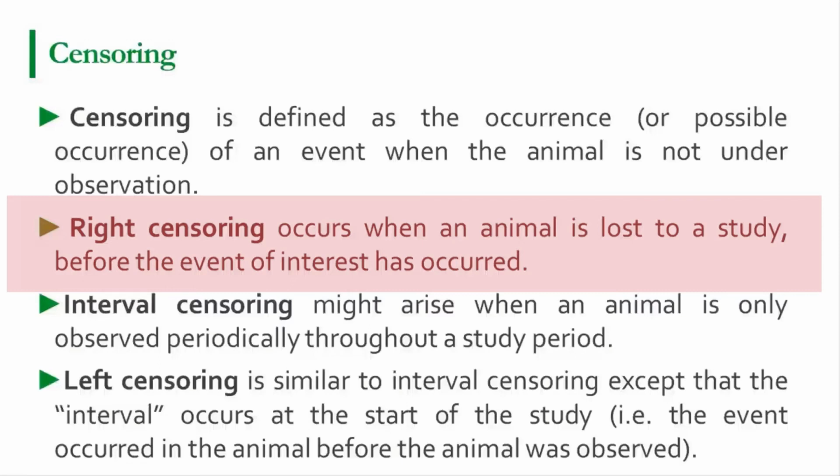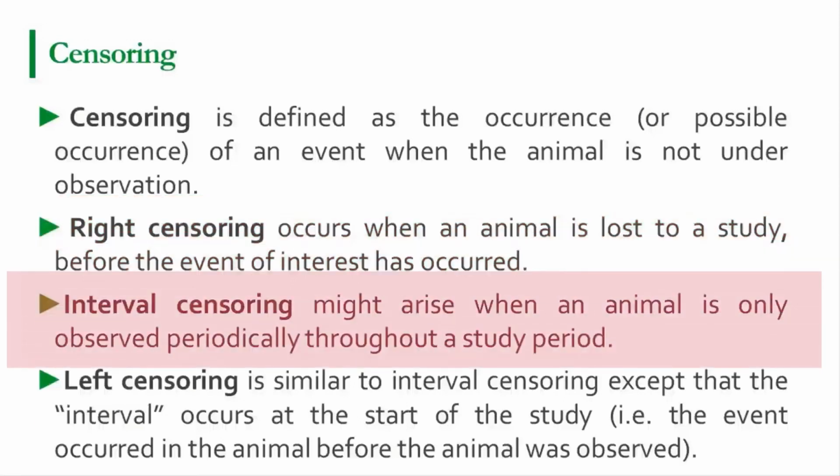But there are also other ways of censoring, which is interval-censoring. For example, we do check at different time periods to identify animals with the event. Let's say every 6 months we follow up a flock and see if any animal died.